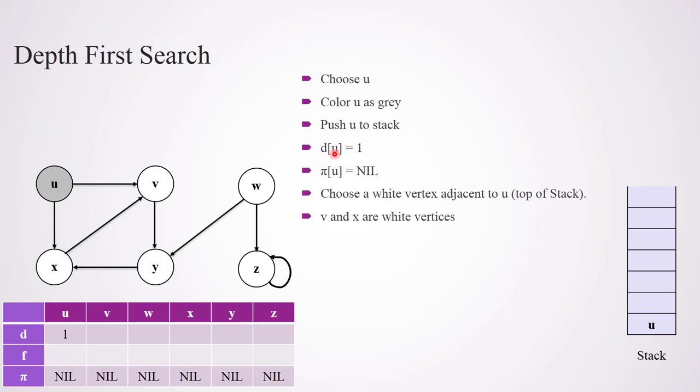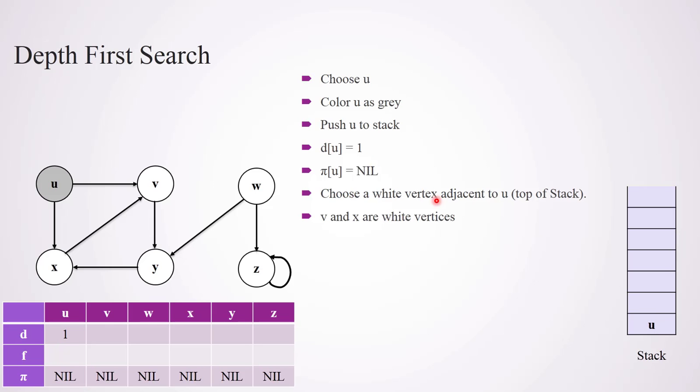That means the discovery time of u is 1. Since this is the first vertex, the discovery time is 1. In the next operation, the discovery time becomes 2. For every operation, the time will get incremented by 1. Pi of u equals nil, because this is the starting vertex, so the parent is nil.